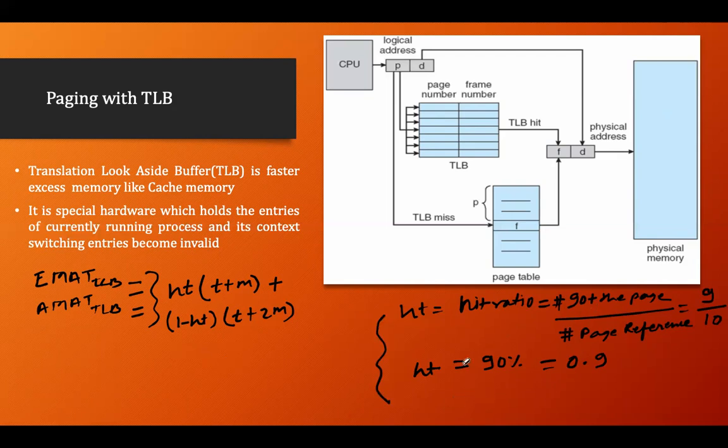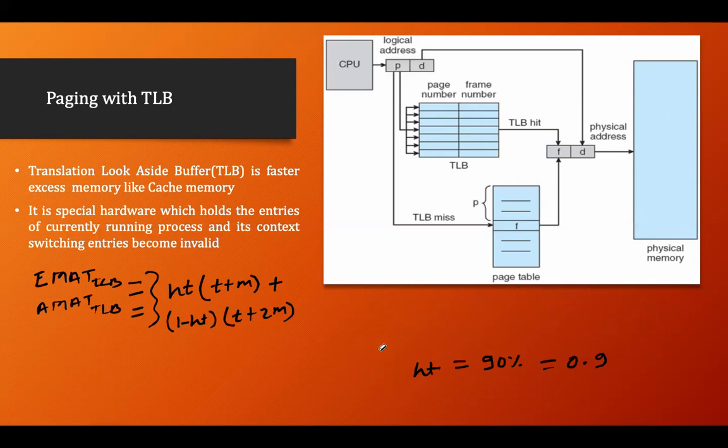So I think you got this particular equation, right? How we can get the hit: the number of times we got the page divided by the number of times we have referenced that particular page.